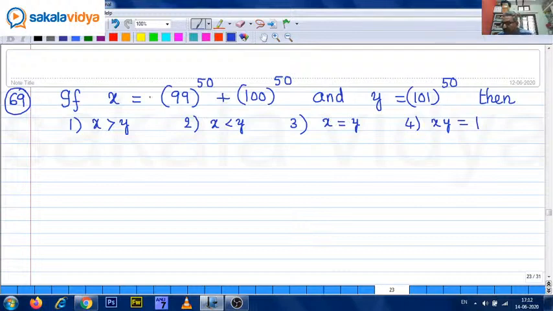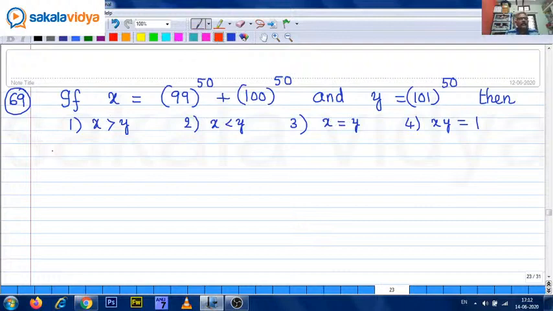Let us do one thing: 101 we can write as 100 plus 1, whereas 99 we can write as 100 minus 1. With the help of these two, we can establish the relation between x and y. So let us see now.